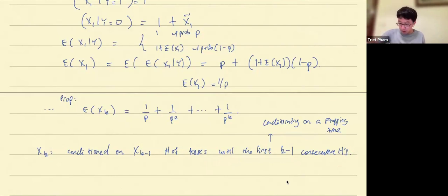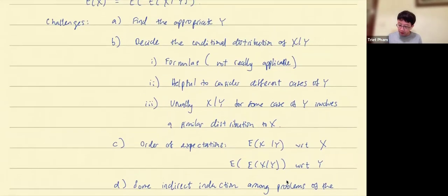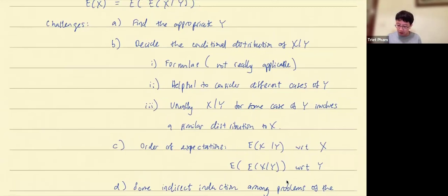So if you condition on X_{k-1}, on the other hand, the distribution of X_k is clear. Working through the cases of X_{k-1} is not really an option, because who knows what value X_{k-1} is.